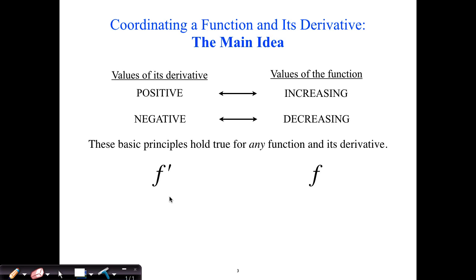But this is also true if the original function I was looking at was the derivative of something else. Whatever this function might be, if f prime, the derivative of f, is increasing, that means that f's second derivative, f double prime, would be positive. So if a rate of change is increasing, then we say that the rate of change of that rate of change is positive.